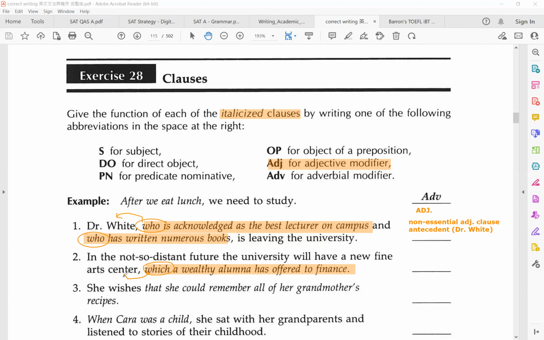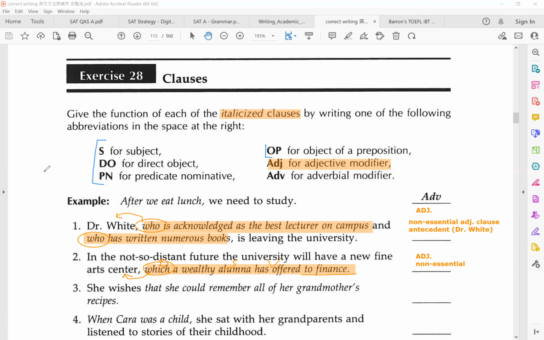It's modifying the arts center, and it is actually our object of to finance. Okay, but either way, we know that this is adjective. It is non-essential.